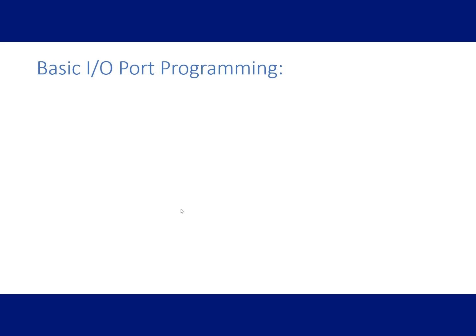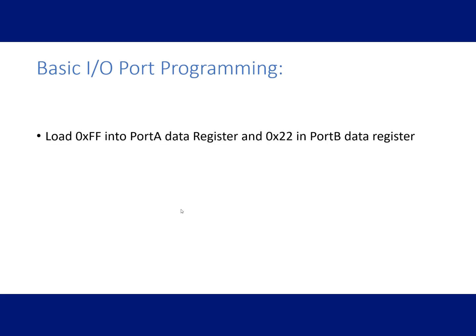Now let's take an example of basic IO port programming. The task is to load 0xFF into the port A data register and 0x22 into the port B data register. This example is specific to the Atmega 16 microcontroller, where we have four ports, port A, B, C and D. Corresponding to these four ports, we have four registers, PORTA, PORTB, PORTC and PORTD.